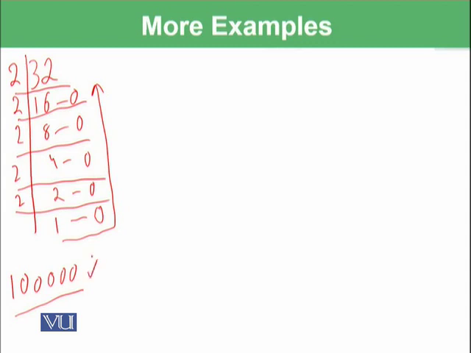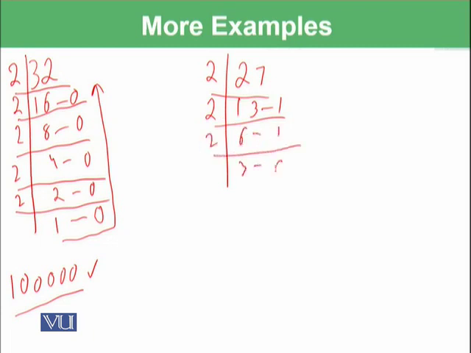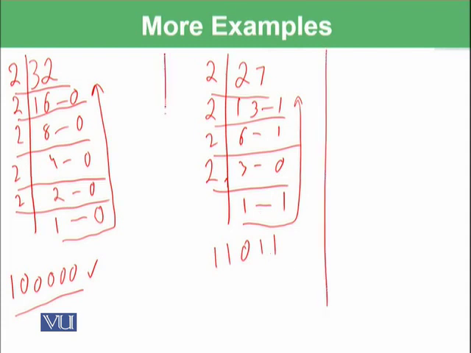Let's do another example. You want to display 27. 2 thirteens are 26, 1 is left. 2 sixes are 12, 1 is left. 2 threes are 6, 0 is left. 2 ones are 2, and 1 is left. So 1 1 0 1 1. This is 27. Let's do another example.